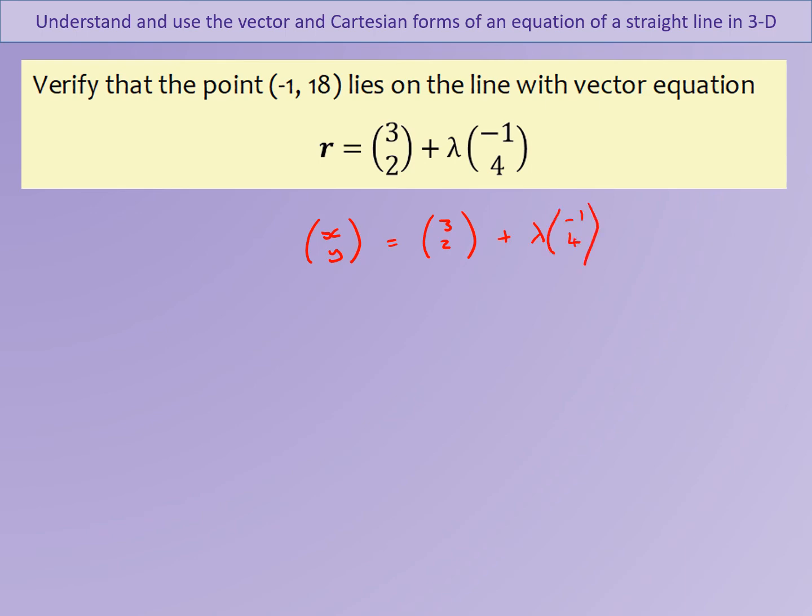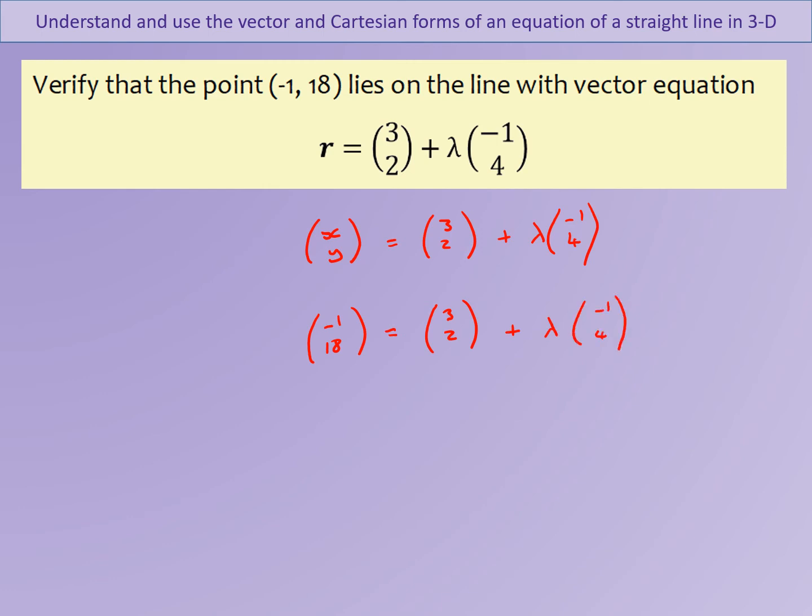What we're going to do is substitute in x equals minus 1, y equals 18, and see whether we can find a consistent value of lambda that satisfies both of those. So minus 1, 18 equals 3, 2 plus lambda minus 1, 4.